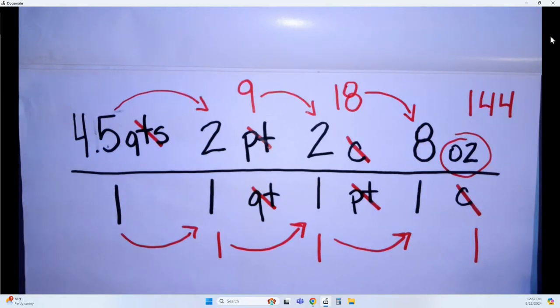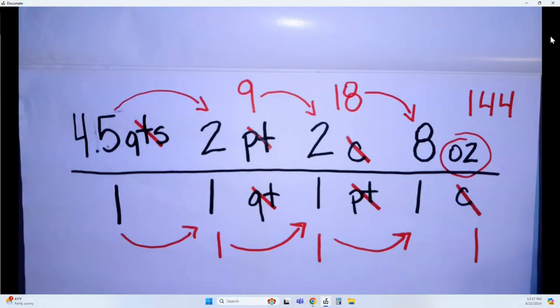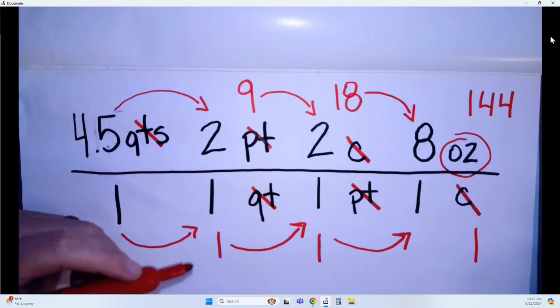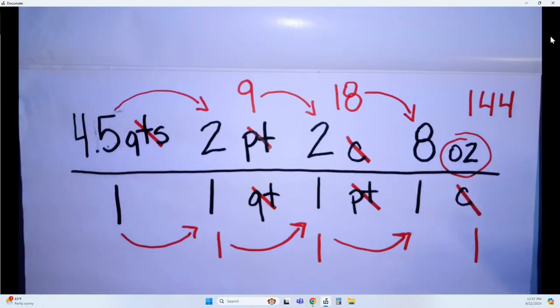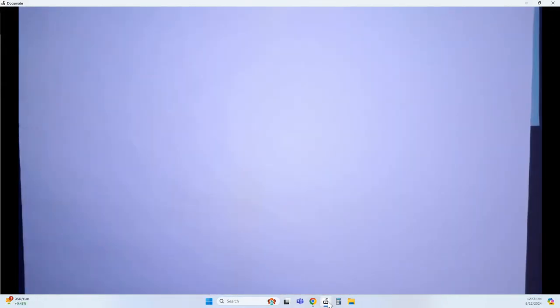So my final two numbers are 144 on the top and 1 on the bottom. Now this becomes a fraction, 144 over 1, and 144 divided by 1 leaves us at 144. So my final answer is 144 ounces.